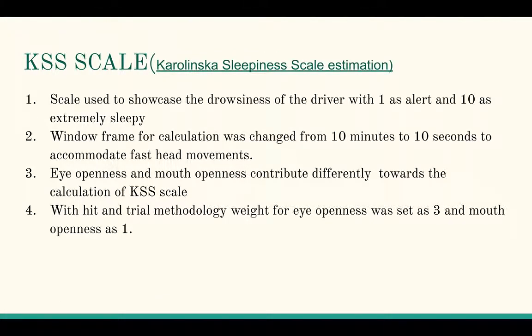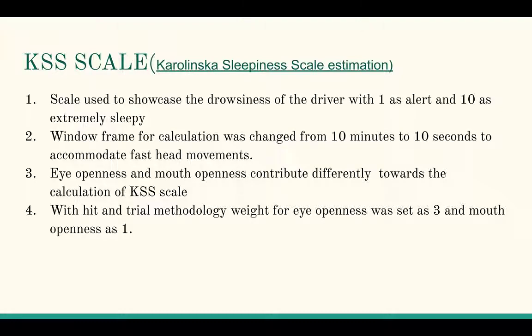The KSS scale is used to tell us about the state of the driver. Although originally the scale has a window frame of 10 minutes, for this project it was changed to 10 seconds so that it can respond to the frequent changes in face features.